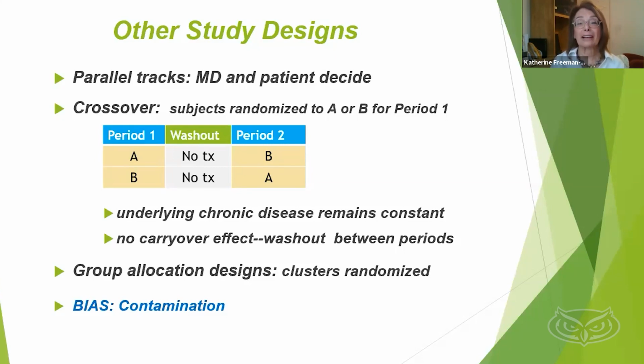It's just that if the disease is cured, then participants who enter period 1, if they're cured thereafter, they can't enter period 2. So you can have a dichotomous outcome, success or failure, or cured or not cured.